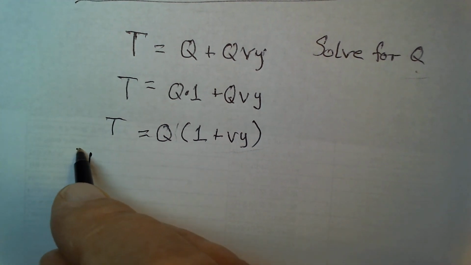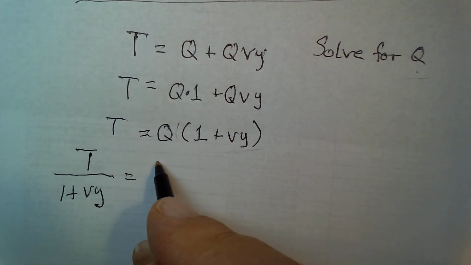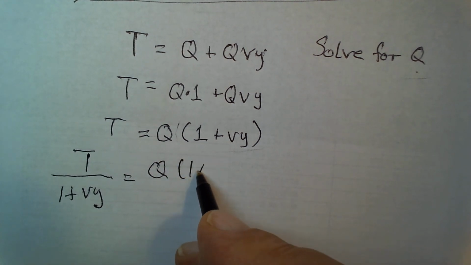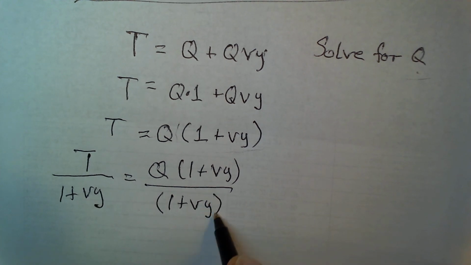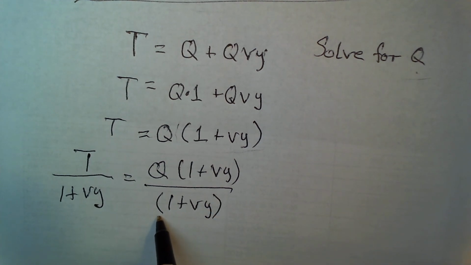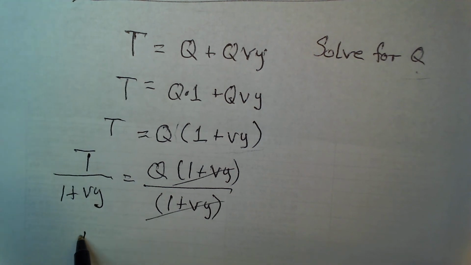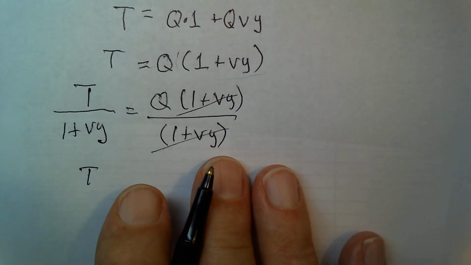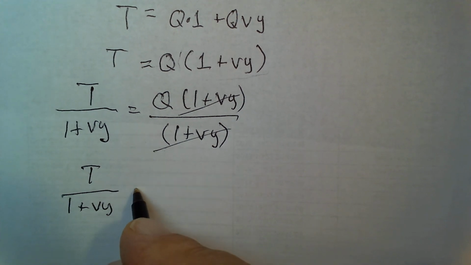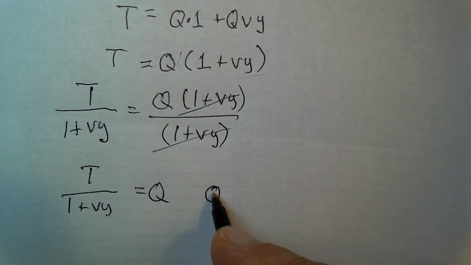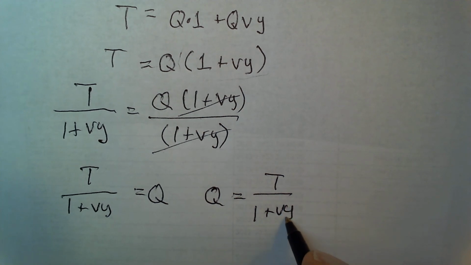So we divide T by 1 plus V times Y equals Q times 1 plus V times Y divided by 1 plus V times Y. And so on the right side, we can cancel the 1 plus V times Y. That leaves us T divided by 1 plus V times Y being equal to Q, or Q equals T divided by 1 plus V times Y.